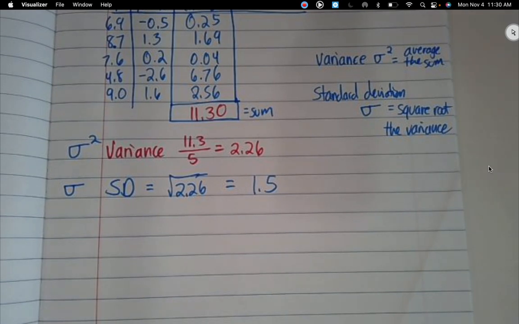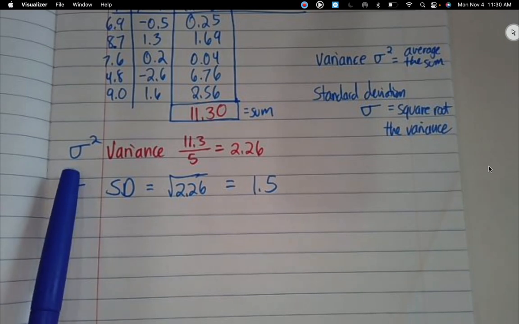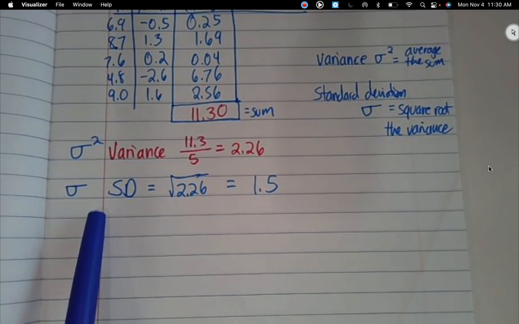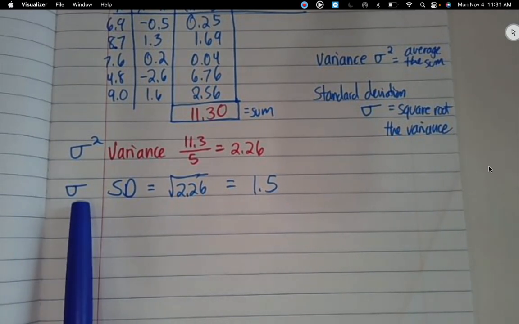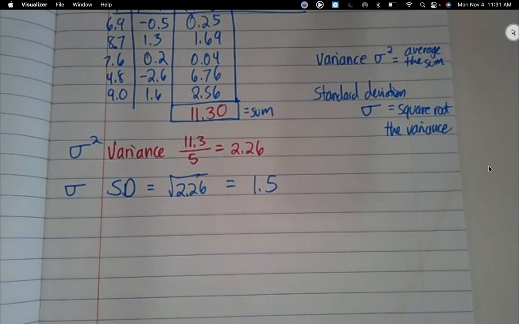If it's the big sigma, that's summation. The big E looking thing, the sigma, means you're adding things up. This little sigma squared is variance. Little sigma is standard deviation. Y'all, I did not make this up. Thank your Greek philosophers from a long time ago. They're dead. They're the ones who decided this. They were Greek, so they used all the Greek letters.